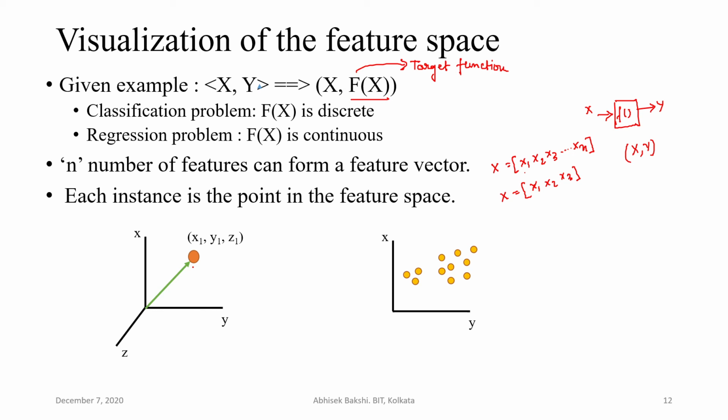Since I have 2 dimensions, each and every instance or pattern has a 2-dimensional input. That means the input is a vector of 2 components, x and y. So from different values of x and y, I can easily get these points.